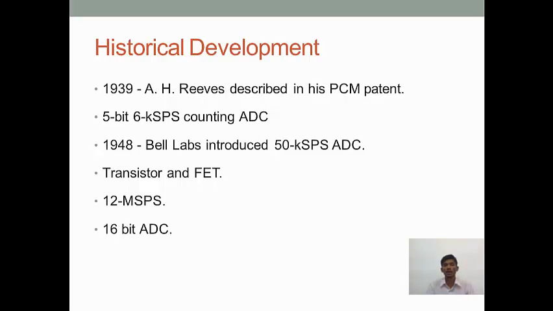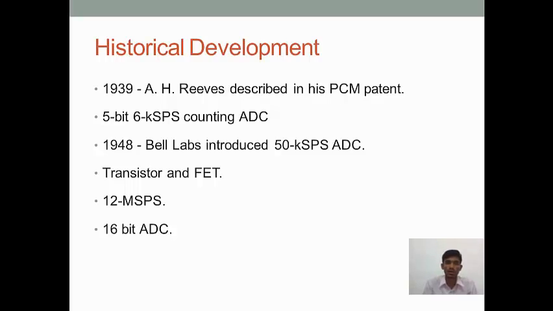The sample and hold amplifier was first introduced by A.H. Reeves. He used this sample and hold amplifier in PCM, in his PCM patent, which was patented in 1939. It was actually a 5-bit 6 kilo samples per second counting ADC. In 1948, Bell Labs introduced a 15 kilo samples per second ADC.